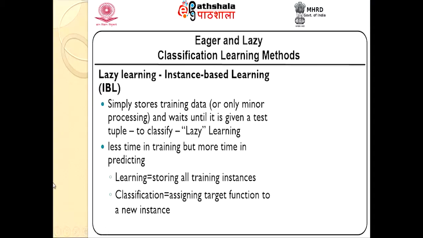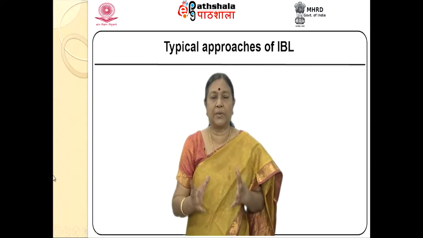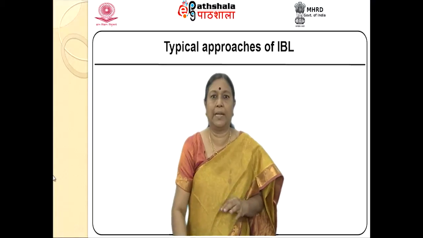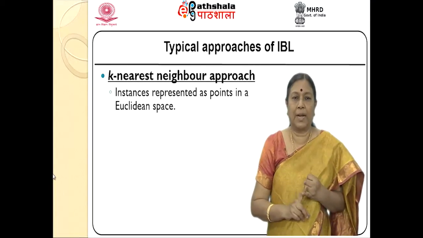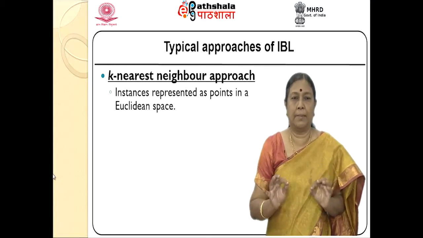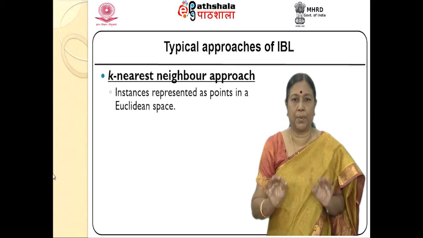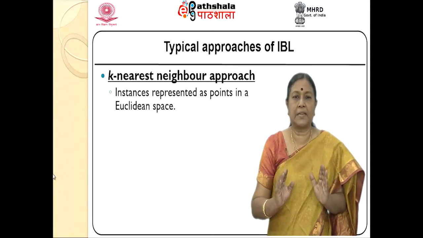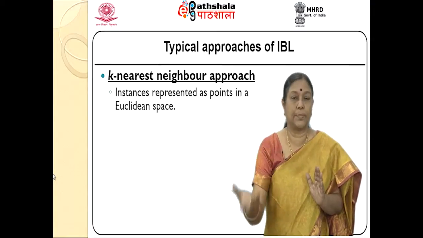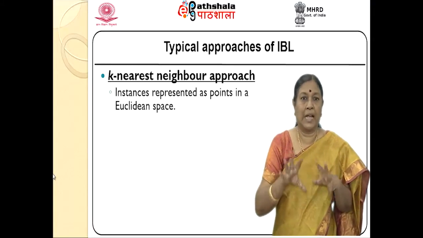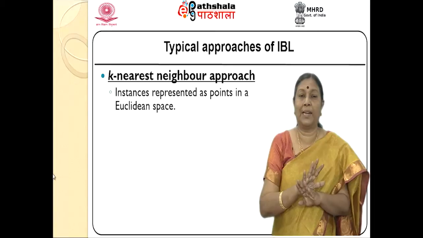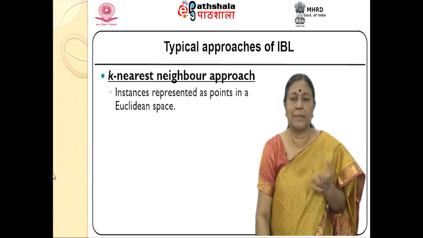Okay. Now, let us go to the typical approaches that you have for instance based learning or IBL. So, one of the important IBL methods is the k nearest neighbor approach, where instances are represented as points in the Euclidean space. We represent these points in the Euclidean space. We do not do any modeling. Okay. So, that is important.